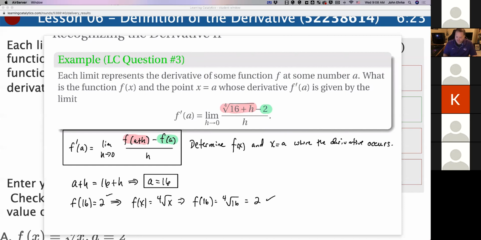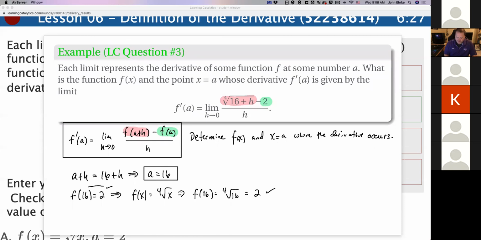So that checks out. We've got f of 16 being equal to 2. And so we know that it's the fourth root of x evaluated at the point 16. So our function is the fourth root of x, and this is occurring at the point x equals a equals 16.